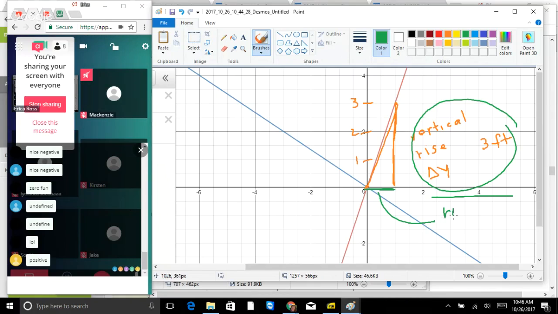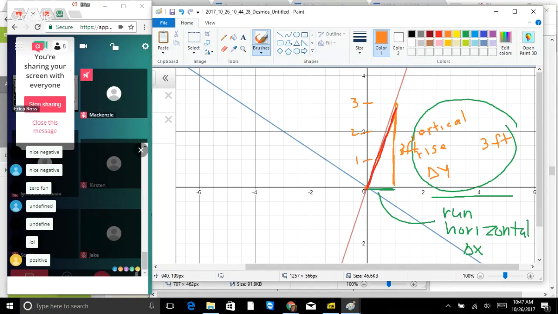So we call this the run, or the change in the horizontal, or your change in X. Okay. So when I am skiing up my hill, I go up 3 feet, I rise 3 feet.